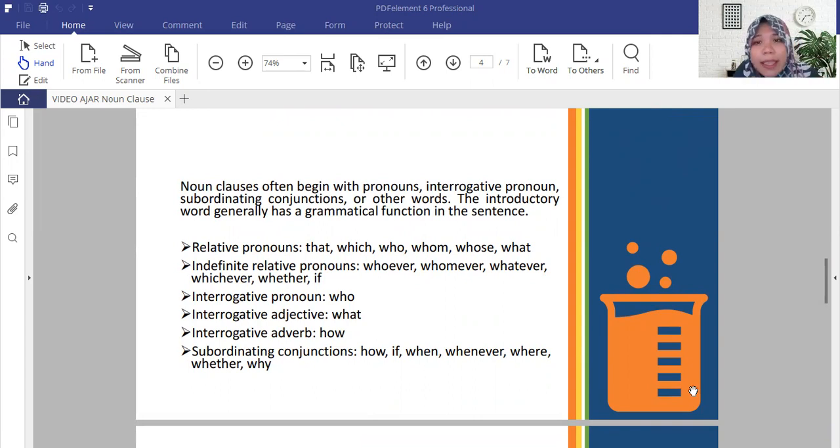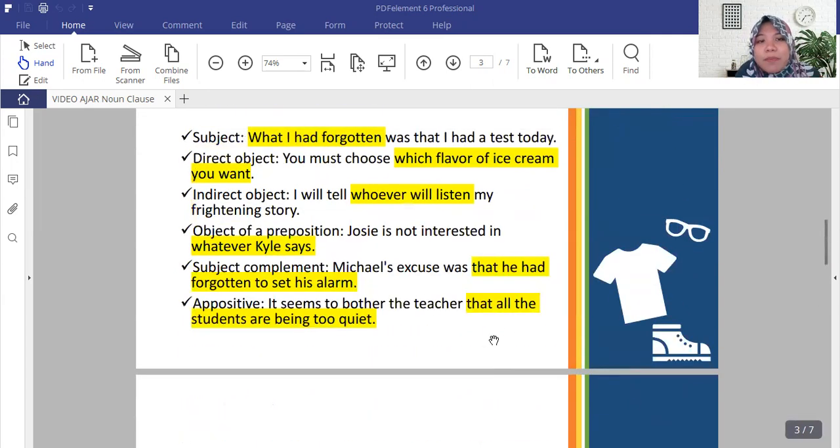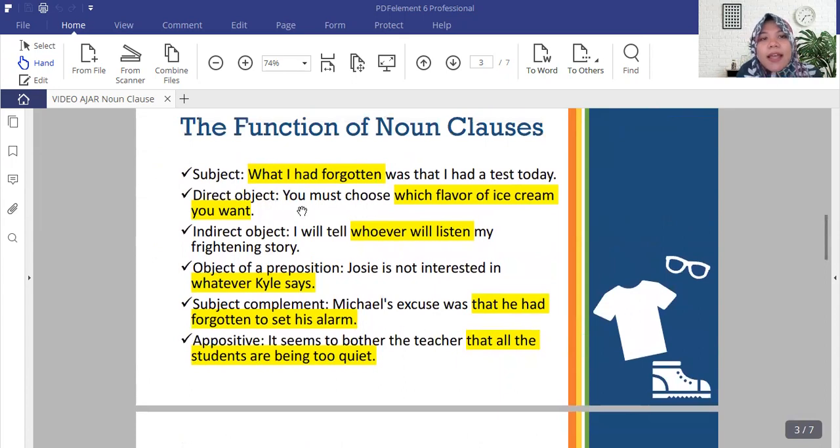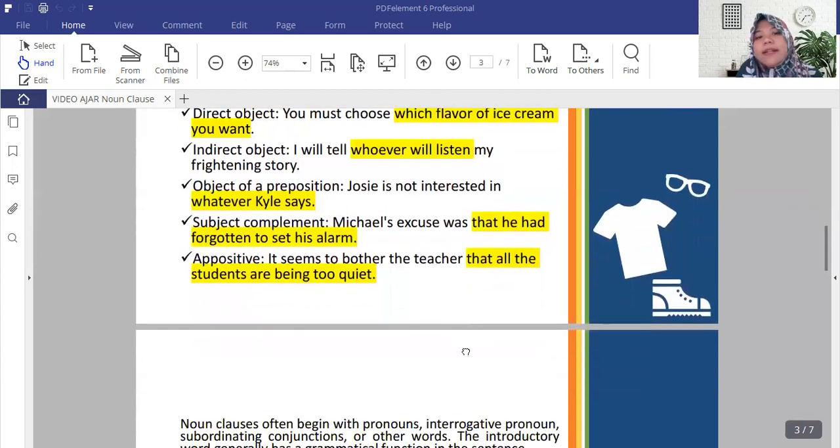As we can see in the examples above, a noun clause always begins with a pronoun or an interrogative pronoun like what, and it can also be when, or why, for example. We also found which, whoever, whatever, and that here.